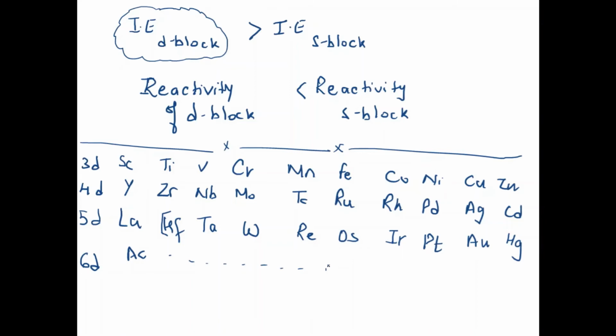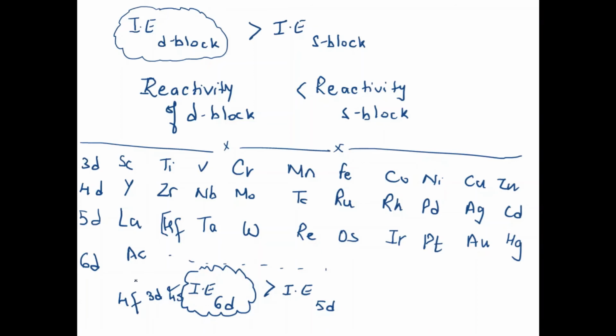We know down the group ionization energy decreases because of the increase in atomic size. But it is considered that the ionization energy of the 6d series is greater than the ionization energy of the 5d series, because in the 6d series, when we do the configuration, the electrons fill up the 4f orbital, then the 3d and then the 4s.